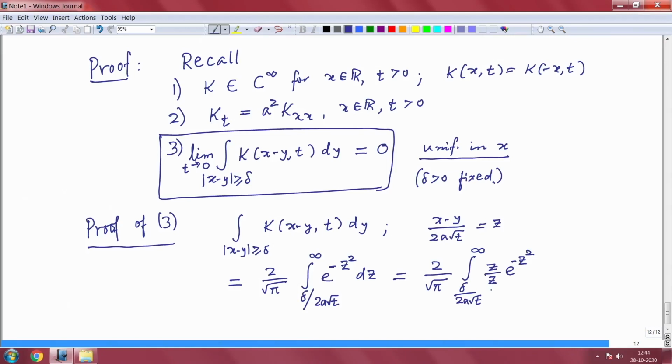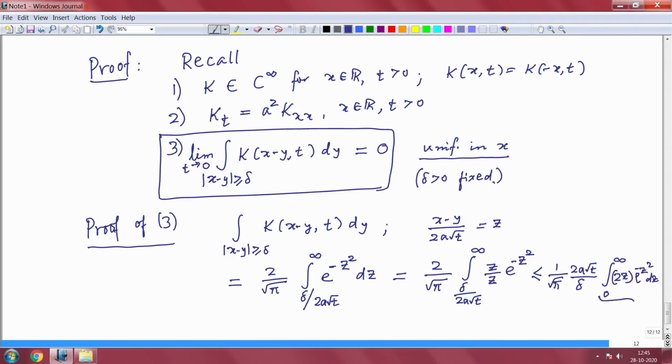1 by z is less than or equal to 1 by root pi times 2a root t by delta, and the remaining integral you can just write as 0 to infinity of 2z e to the minus z square dz.